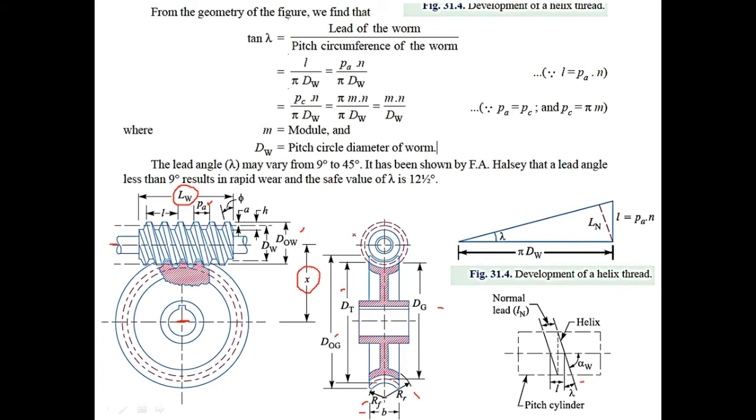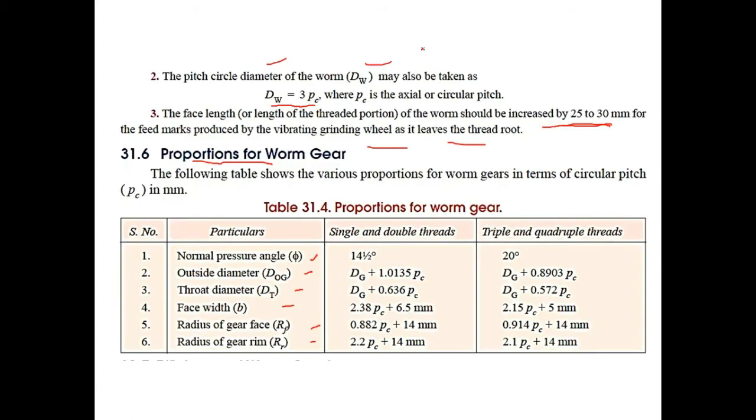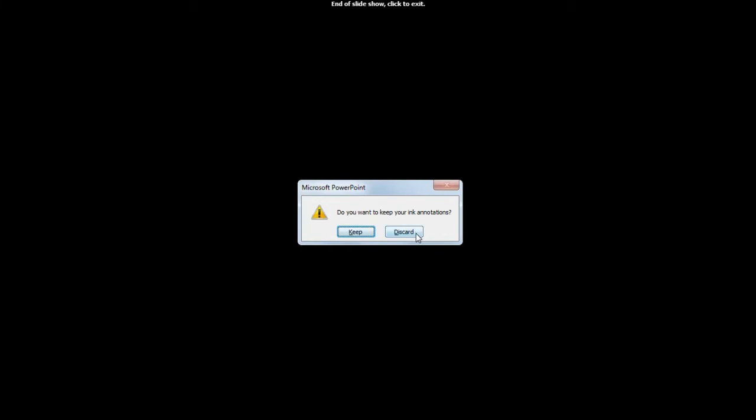When we are talking about the worm gear, all parameters are proportions regarding the gear. So we will pick up the direct value from these two tables. This is for worm, and this is for worm gear. These two tables are also given in your design data book as well as in Khurmi.